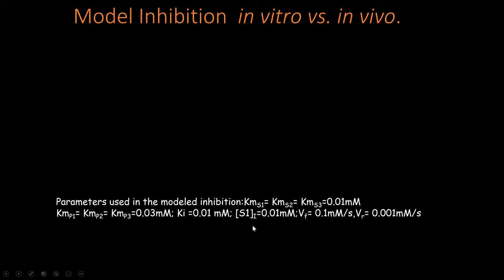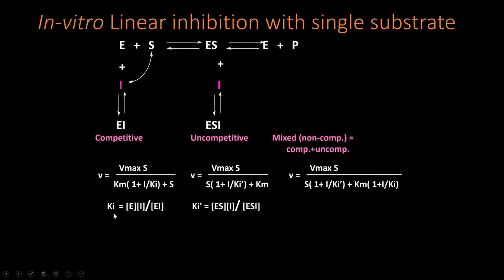All of the substrate concentrations are almost 0.1 millimolar, and Vf and Vr, which are the flow through, are these values. If we assume all these three reactions are happening, and then we plot all the 3 reactions with Ki being 3 types: competitive, uncompetitive, and mixed competitive.